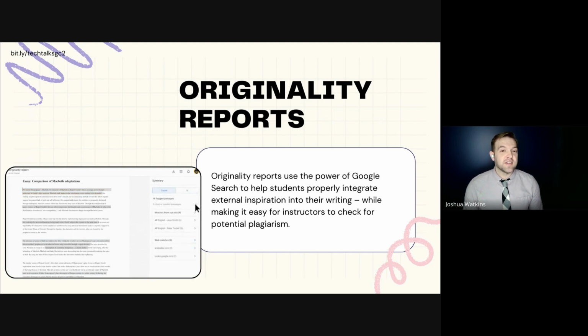So they take the text in the entire document, search the entire internet for those corresponding words together, and then it flags and highlights any passages that match. On the right hand side there on that GIF, it shows you what passages match and even gives you the website that they match to.